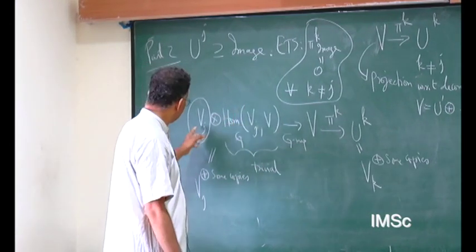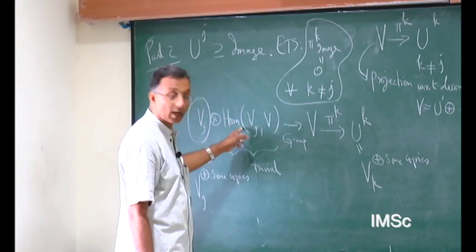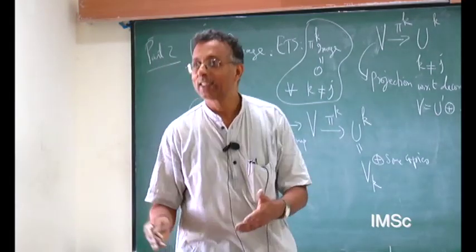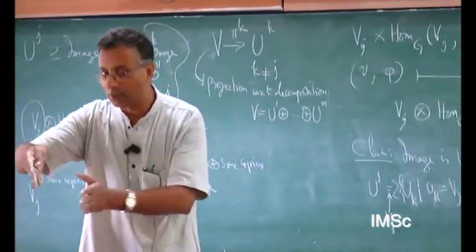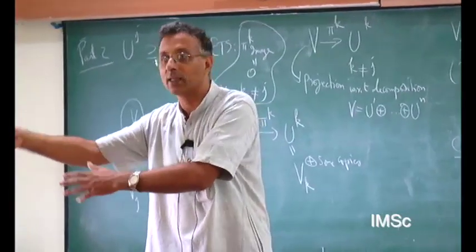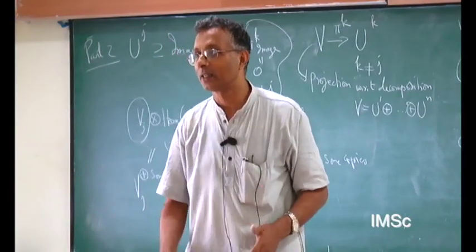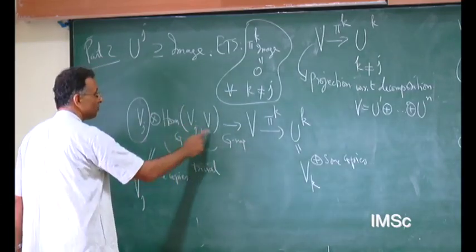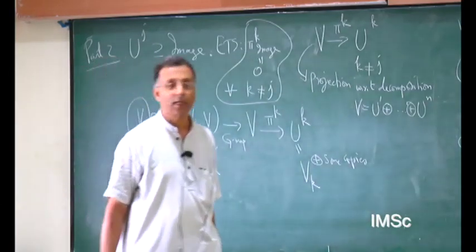Then this becomes Vj tensor the first line, which is a trivial module, plus Vj tensor trivial, and so on. Actually, this is Vj as many times as the dimension of this. Correct. That's it.